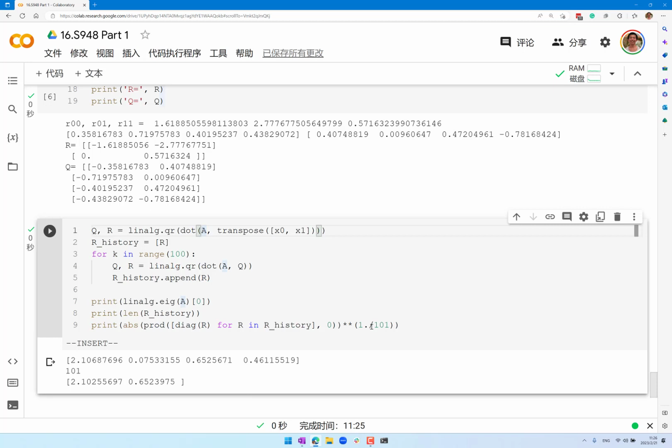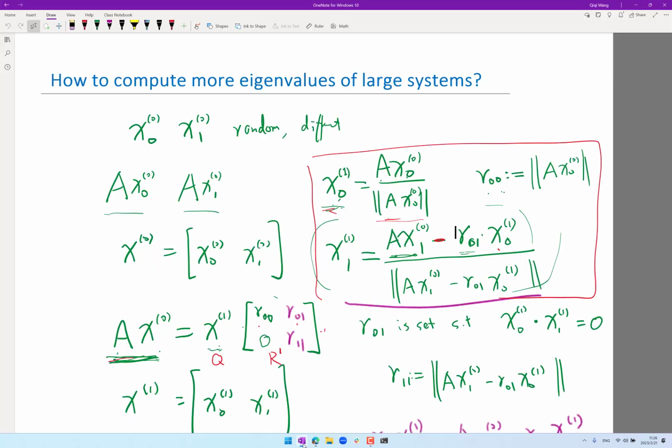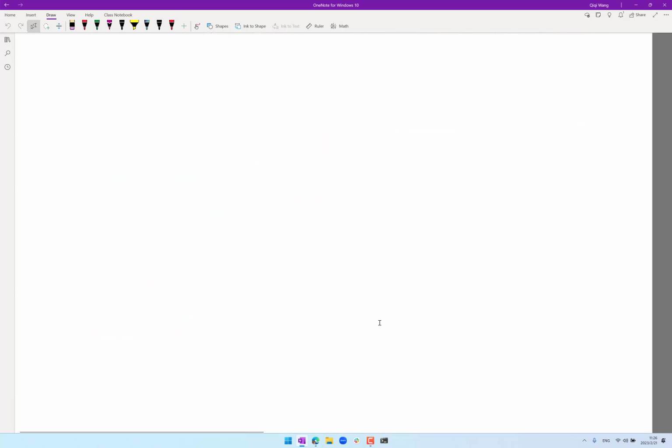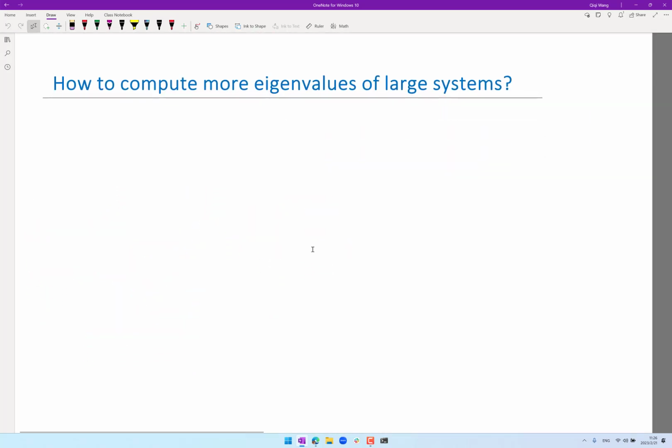Okay. So this is a demonstration of how the algorithm works, and we still haven't really looked into why this algorithm works. So let's do a little bit of mathematics to figure out why the algorithm actually works. All right, so let's make a new slide and show it over here.